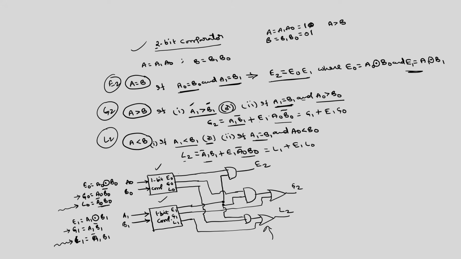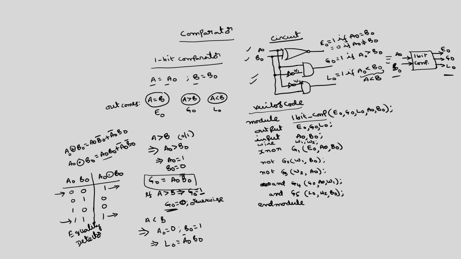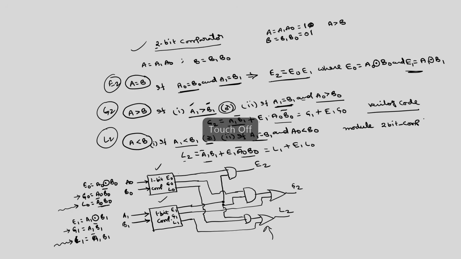So what will be the code for this 2-bit comparator? Module, I will call it 2-bit comparator. The 1-bit comparator I have given as 1-bit CMP. What are the outputs and inputs of this 2-bit comparator? We have 4 inputs and 3 outputs.